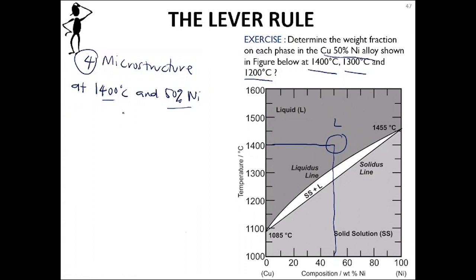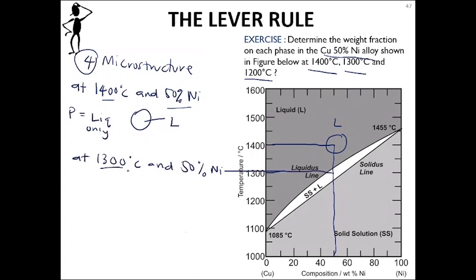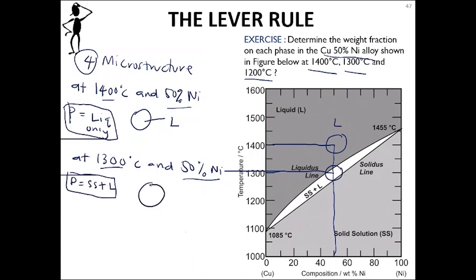So for the microstructure, we can draw a circle and then tag the inside as liquid. At 1300 degrees Celsius and 50% of nickel, we have liquid and solid solution. So we draw a circle and then we draw the nucleus for the solid solution. After that, we label the nucleus as solid solution and the white region as liquid.